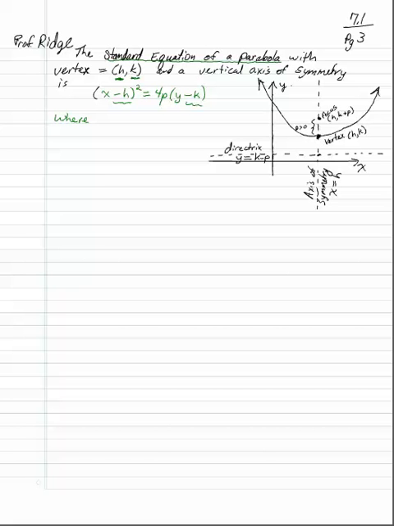So the vertex is (h, k), which we already wrote. The focus is (h, k plus p). And the directrix is y equals k minus p.